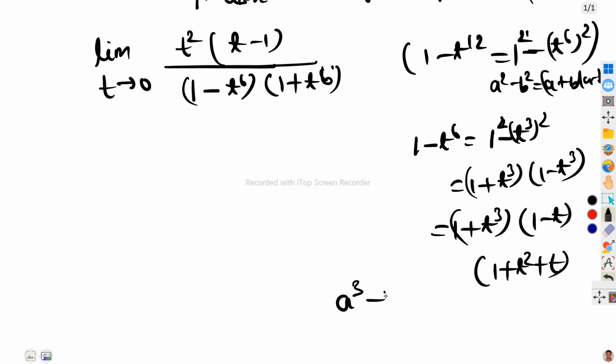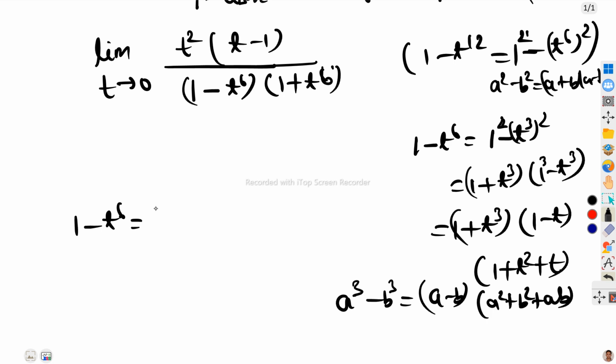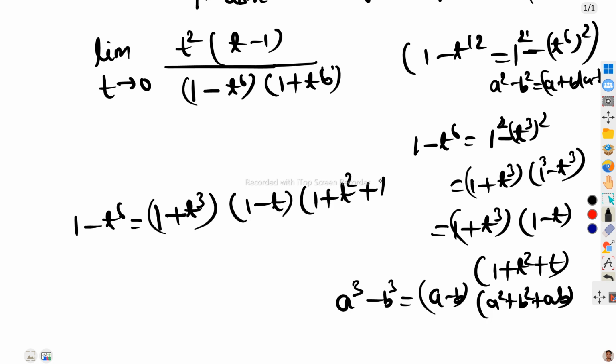Since we know that a cube minus b cube equals a minus b into a square plus b square plus ab. So using this formula, we have found that 1 minus t raised to power 6 equals 1 plus t cube into 1 minus t into 1 plus t square plus t.